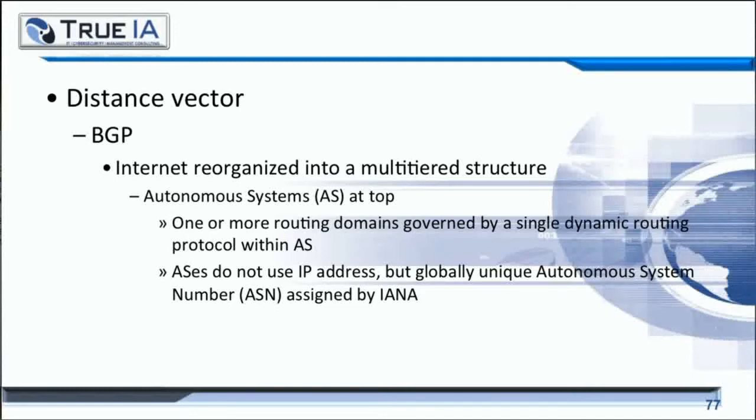It introduced concepts and terms like autonomous systems. An autonomous system is simply one or more routing domains that are governed by a single dynamic routing protocol. Autonomous systems do not use IP addresses, but globally unique autonomous system numbers, or ASNs. These are assigned by IANA.